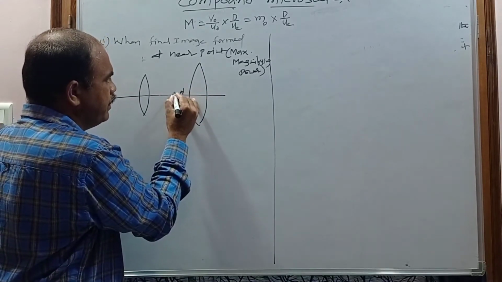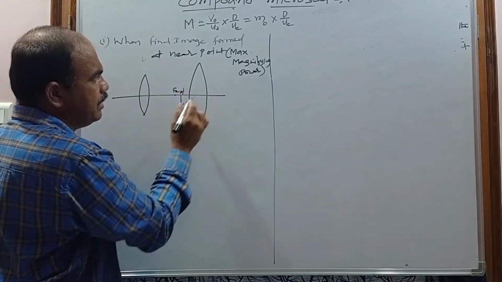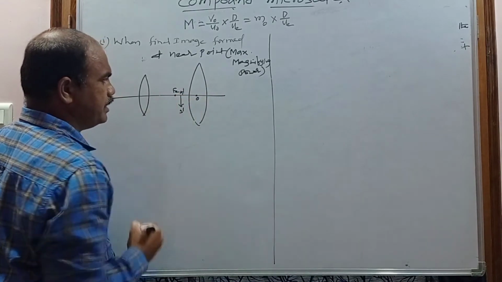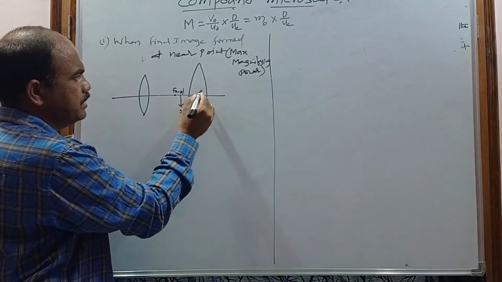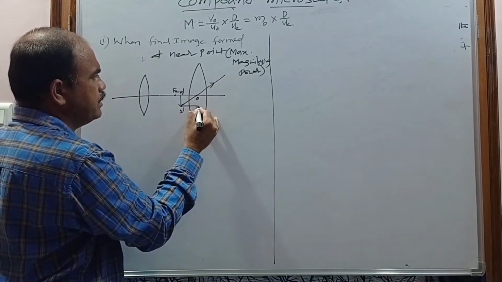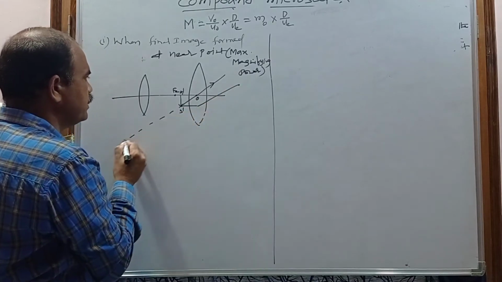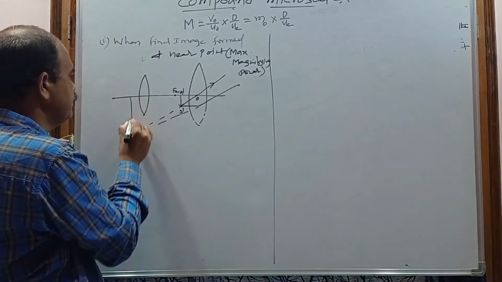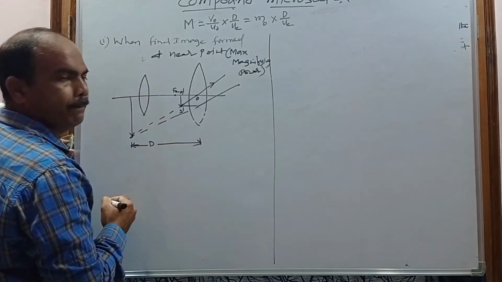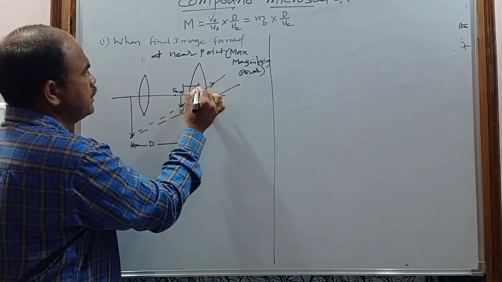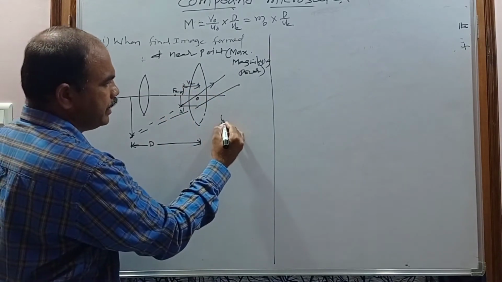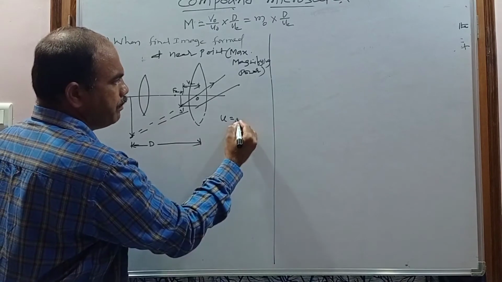It will be between the optic center of the eyepiece and the focus of the eyepiece. Now when this image is formed at the near point, consider this distance is D, and this is the object distance, u suffix e. Nothing but object distance u equal to minus u suffix e.